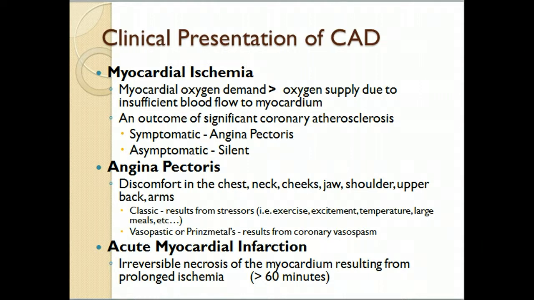People may be symptomatic. They get what's called angina, angina pectoris, chest pain. Some people don't have symptoms. They have heart disease, they have ischemia, but they don't have any symptoms. Myocardial ischemia can also be seen on the electrocardiogram.